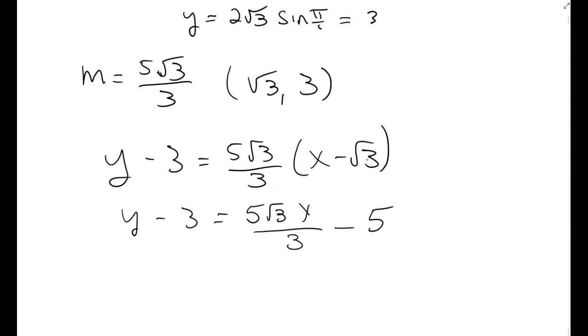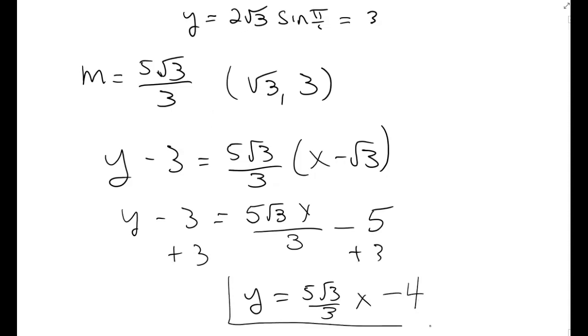Right? Because radical 3 becomes 3. Cancels with that. You get minus 5 plus 3. And you're done. Okay.